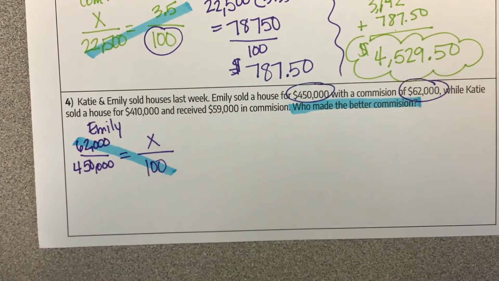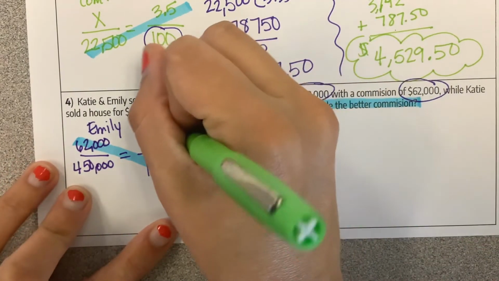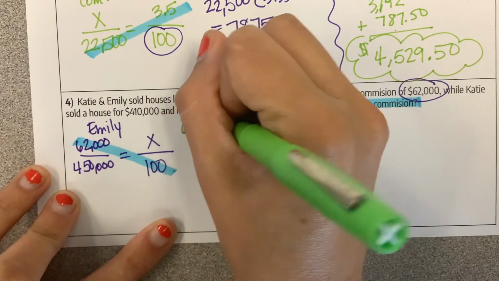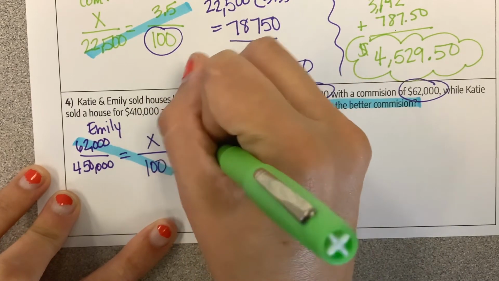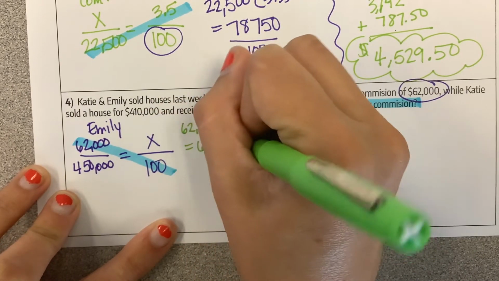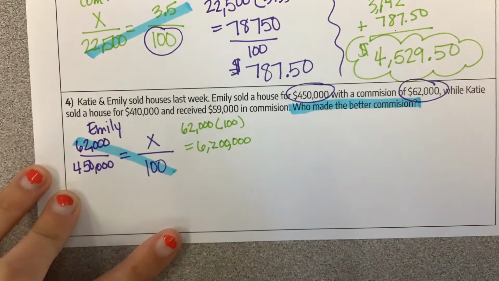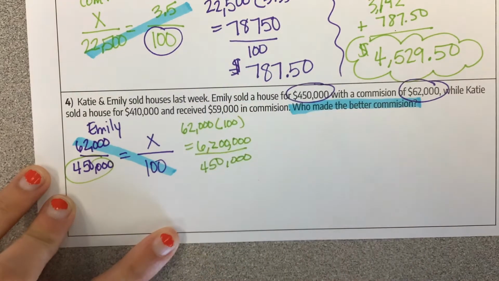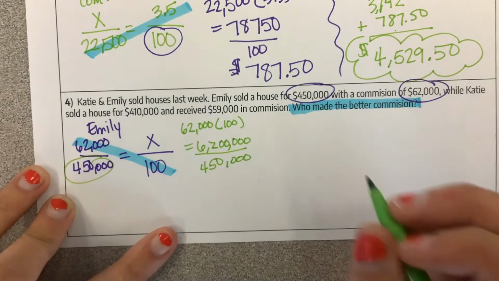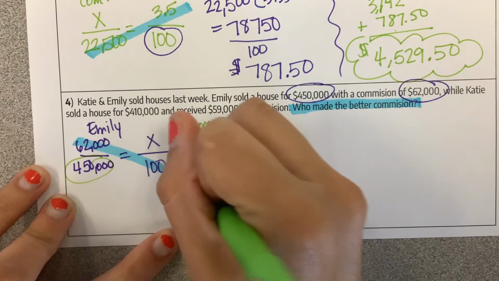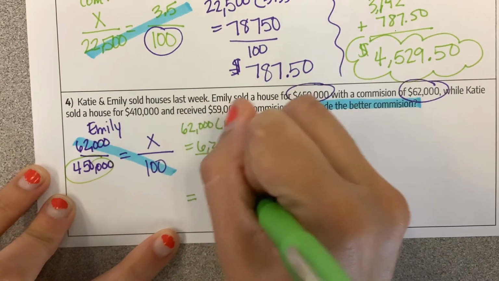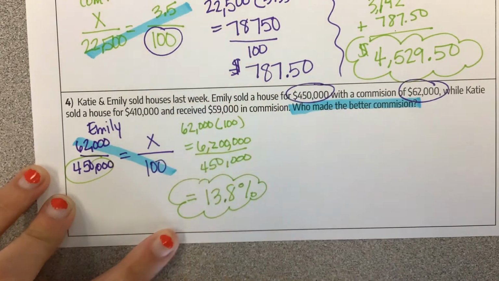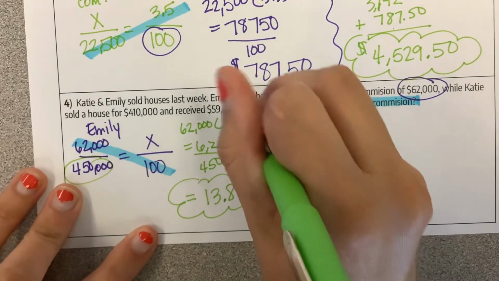I'm multiplying 62,000 times 100, and then I'm dividing that by 450,000. And I get a long decimal that I'm going to round to about 13.8, and we were solving for a percent, right? So that's Emily's percentage.